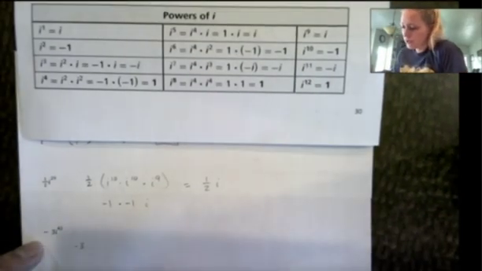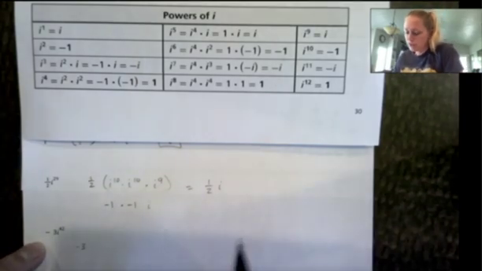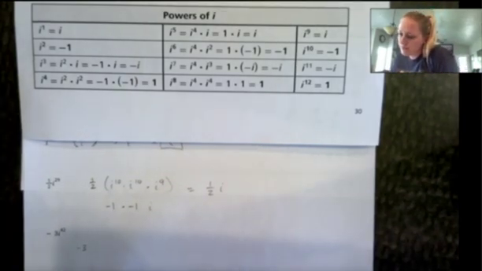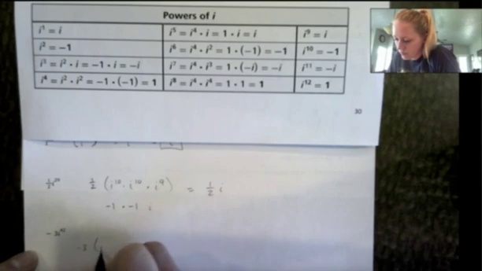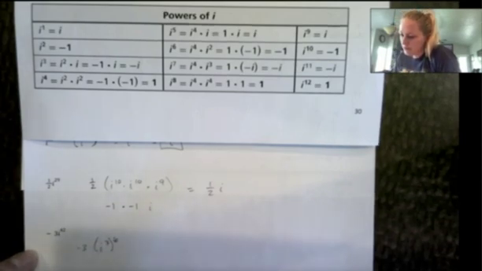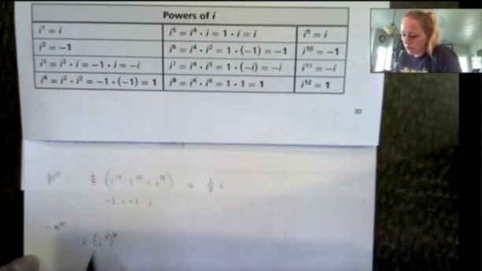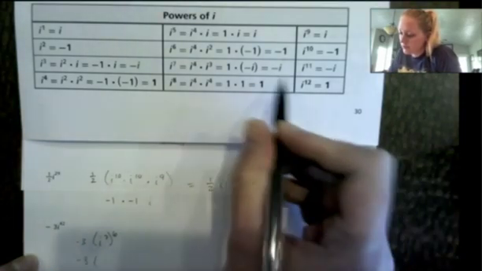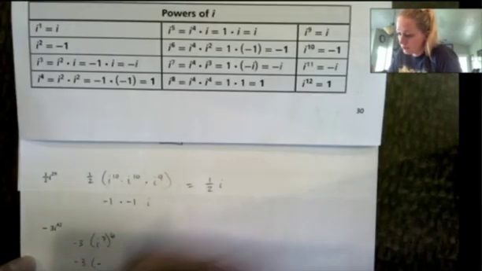Okay, 42. Okay, let's do, 6 goes into 42 nicely. 6 and 7? Sure. i to the 7th, raised to the 6th power, okay? Right, 6 times 7 is 42, so i to the 7th from our table is negative 1, or excuse me, negative i.